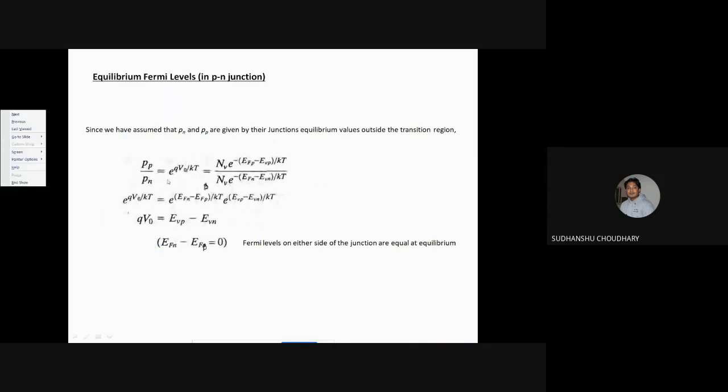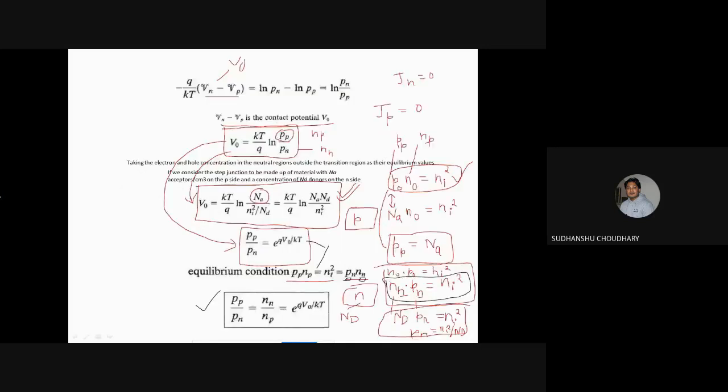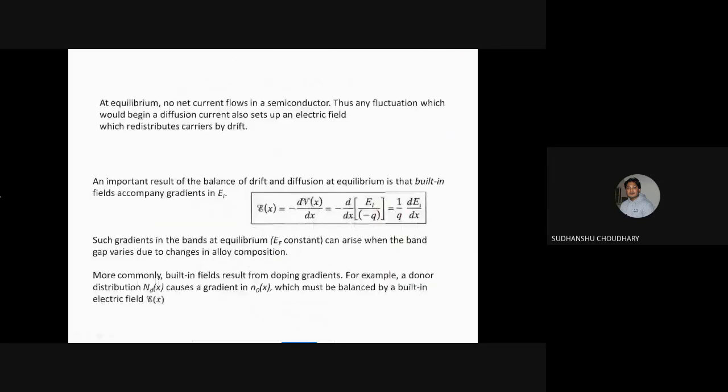Now the hole concentration in p-type semiconductor at equilibrium, and the hole concentration in n-type semiconductor at equilibrium, can be given by two relations. I'll take you back to where we found these hole concentrations, I think it is slide number 33.